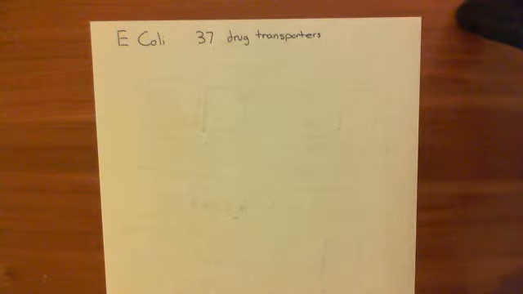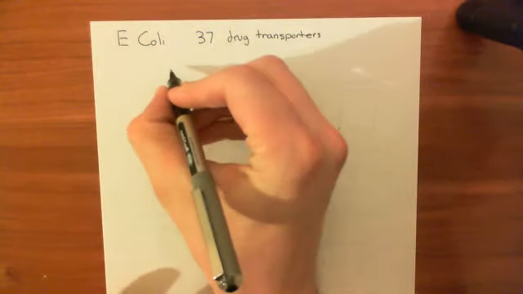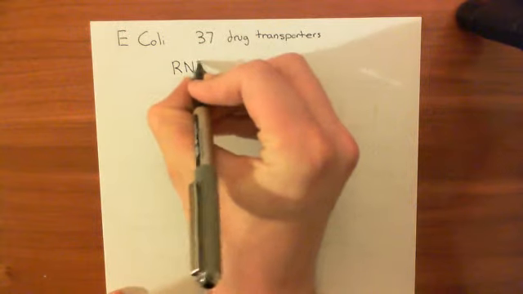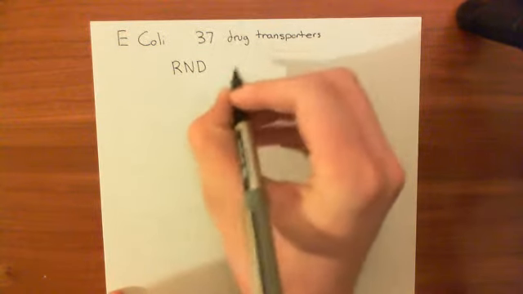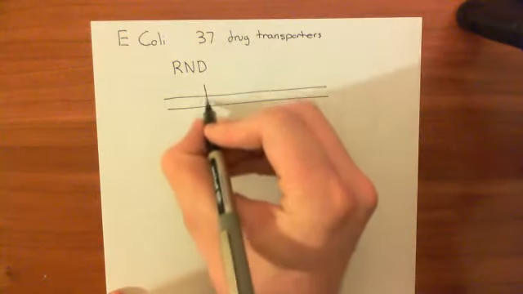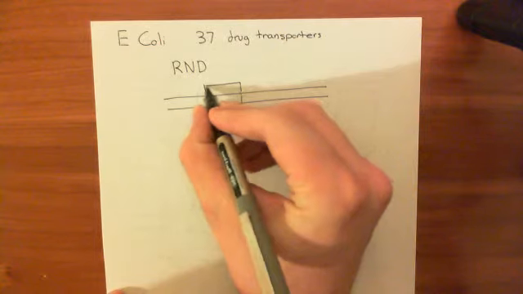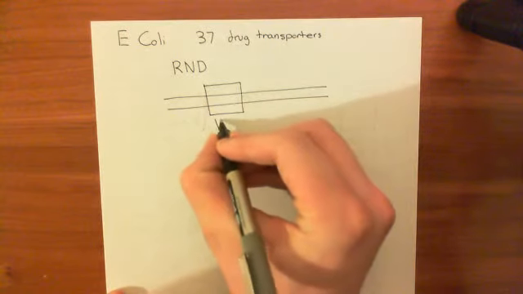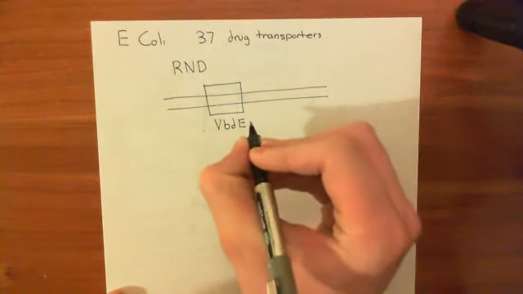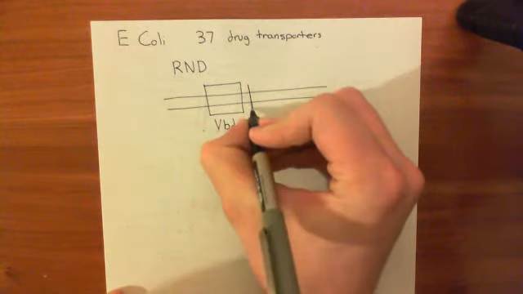Okay, I also want to draw your attention to the fact that some of these drug transporters are incredibly specific. So let me give you two examples of RND, resistance modulation cell division transporters that are within E. coli's membrane. Let me draw them here. The first is the Fsr transporter, which specifically transports fosfomycin out of the cell.